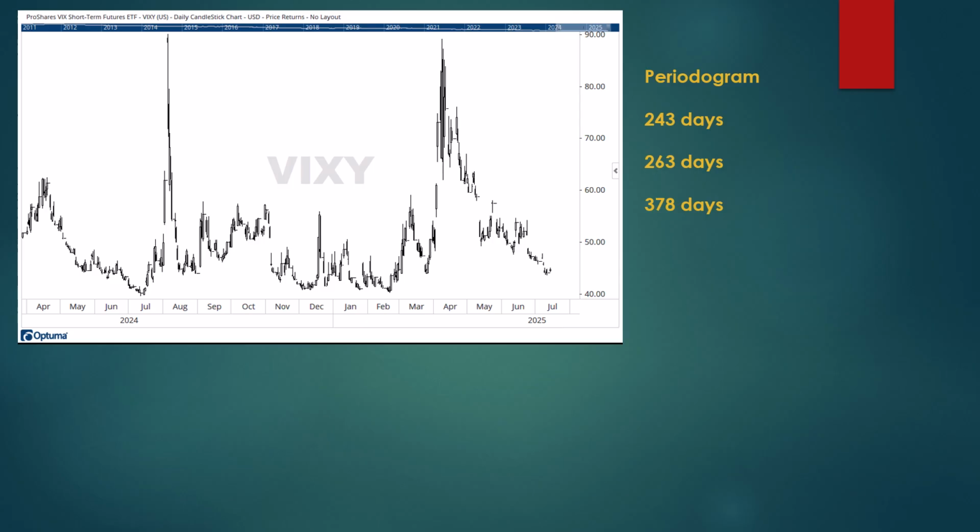There's a 263-day dominant cycle, and there's another 378-day dominant cycle. So let's take a look at these three dominant cycles in the context of the events in our solar system.